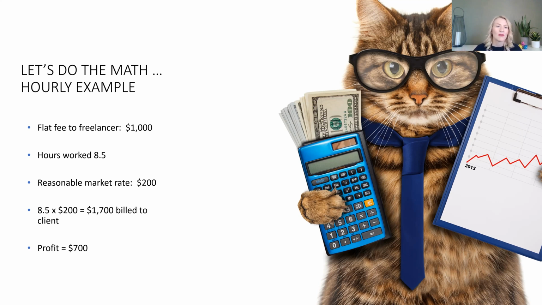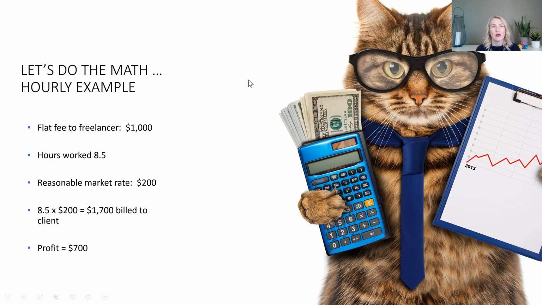So let's say you determine that the reasonable market rate for this particular freelancer and this type of work is $200 per hour. This means you could bill the client 8.5 hours times $200 per hour. You'd bill them $1,700 for the drafting of that agreement. Keeping in mind you paid $1,000 to get the work done, that's still a profit of $700 into your firm.